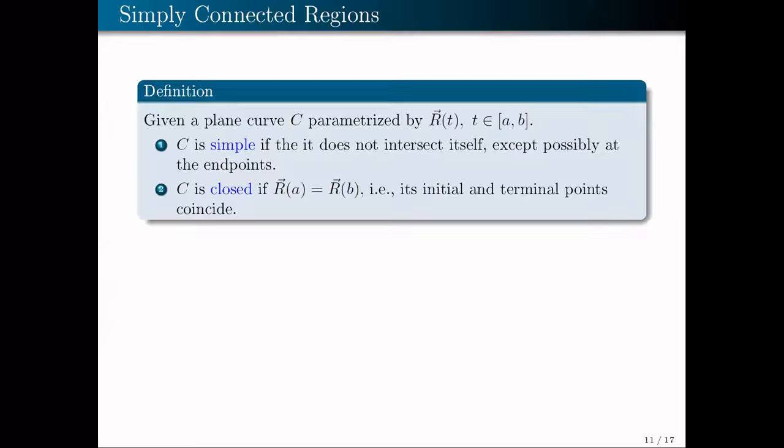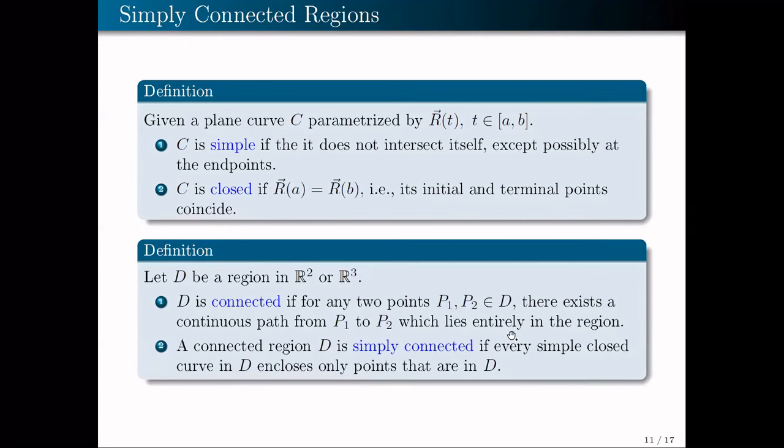But first, let's consider the following definitions for a region D in R2 or R3. First, we have the term connected. We say that the region D is connected if for any two points, say P1 and P2 in the region D, there exists a continuous path from the point P1 to point P2 which lies entirely in the region.